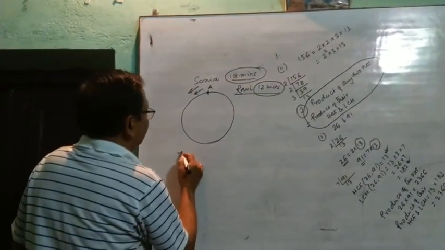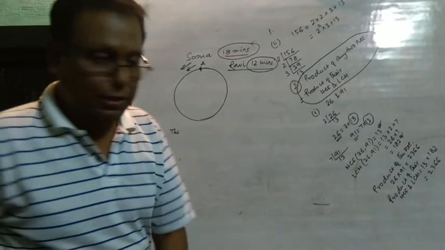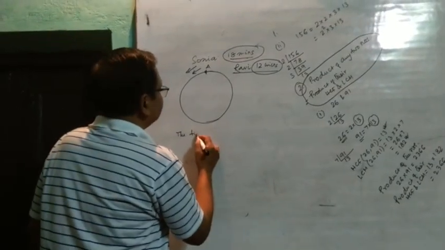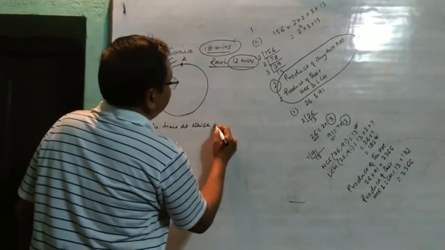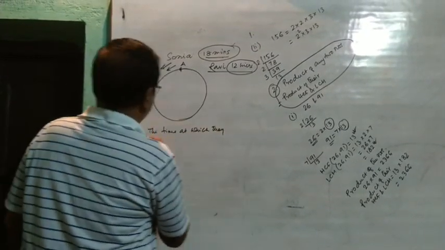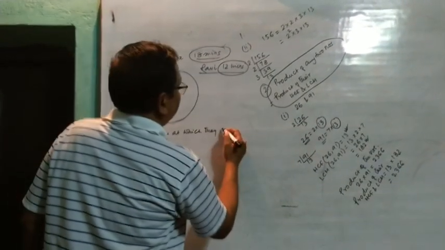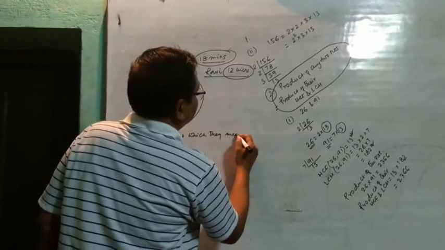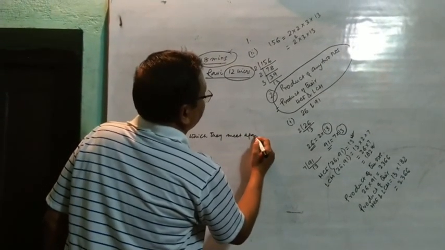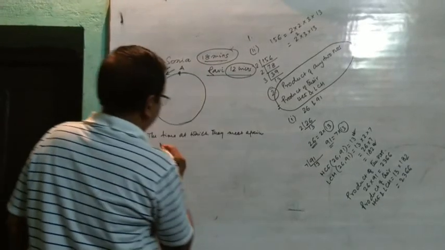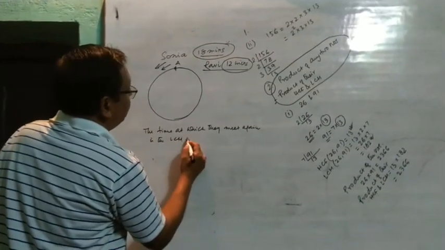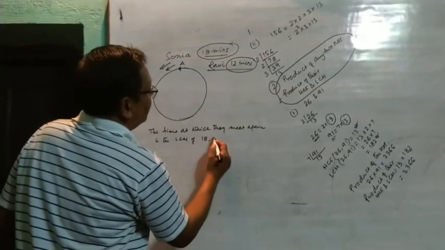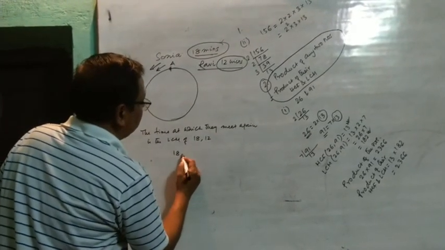So the time at which they meet again is the LCM of 18 and 12. So find it out.